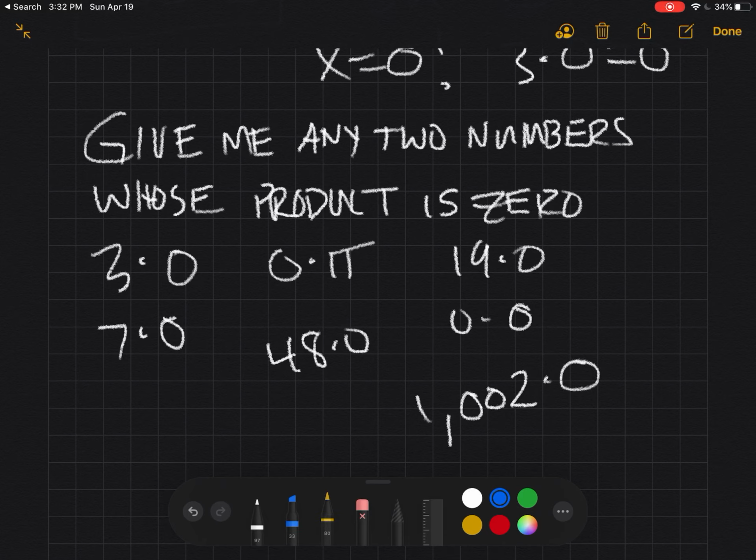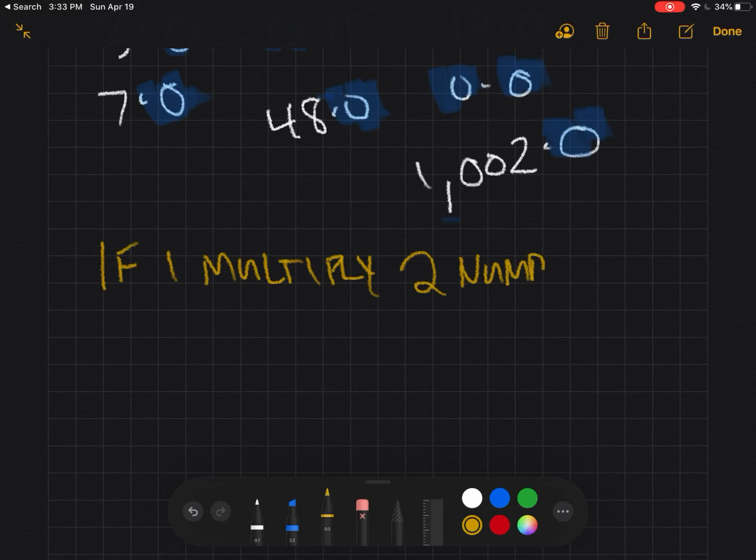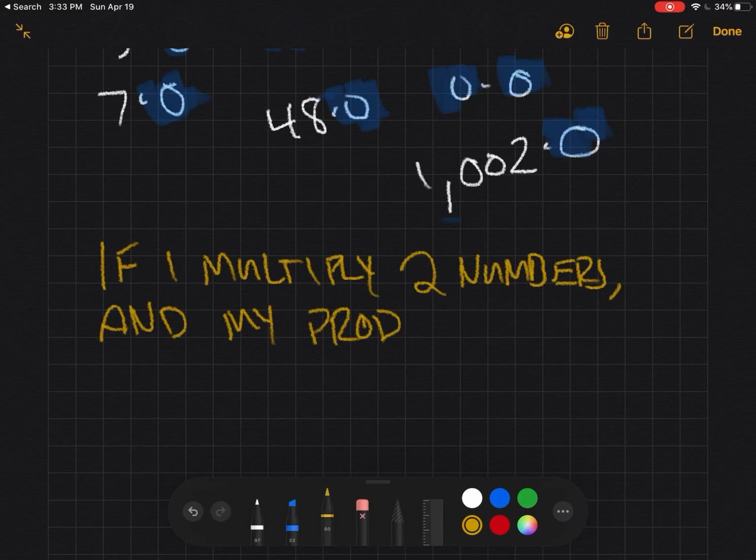And students immediately shout out 3 times 0, 7 times 0, 0 times pi, 19 times 0, 0 times 0, 48 times 0, 1002 times 0, right? So in each one of these pairs, when I multiply them out, they all end up equal to 0. In each one of them, one of the numbers is 0. Because I know if I'm multiplying to get 0, 0 has to be one of the factors. And that's what the zero product property is saying.